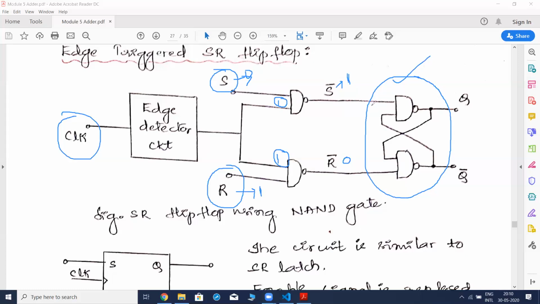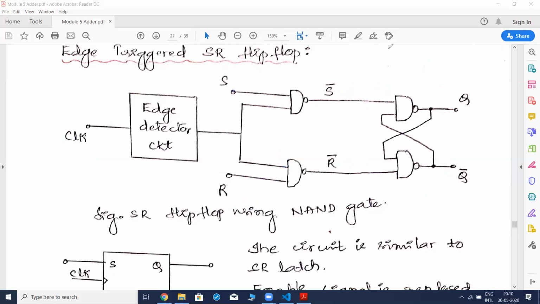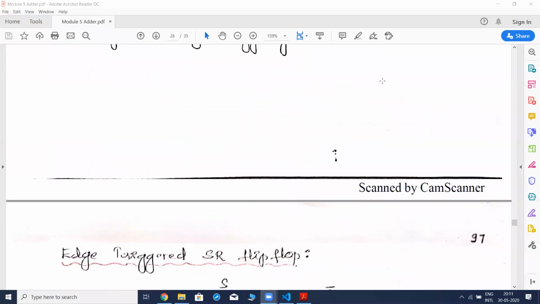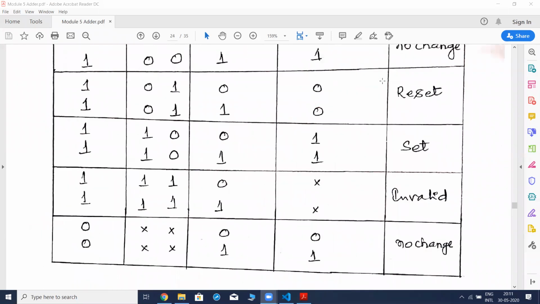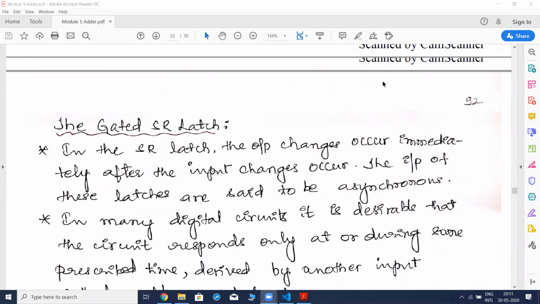Let us have a recap of the S bar R bar latch, just see it once, and then move on to discuss more about the SR flip-flop. So here is the S bar R bar latch.